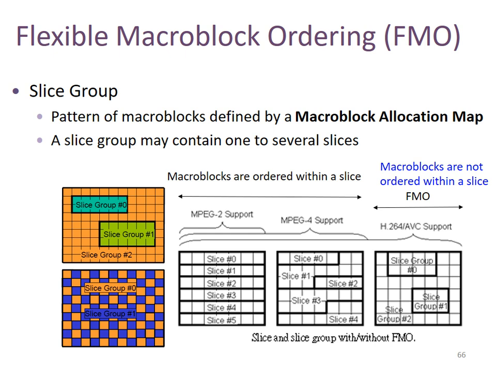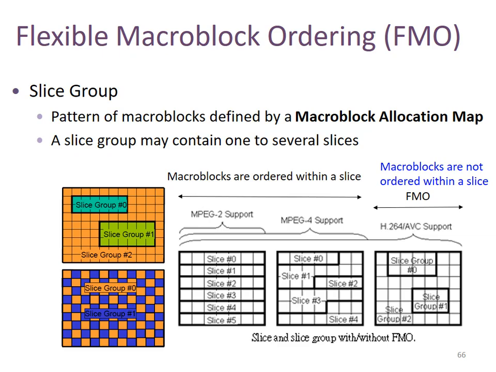However, for MPEG-4 or H.264, we can define more flexible ordering of macroblocks. For example, we can define this region as slice group 0, and this is slice group 1, and the background is defined as slice group 2. You can see the macroblock ordering within slice group 0 does not start from 0.